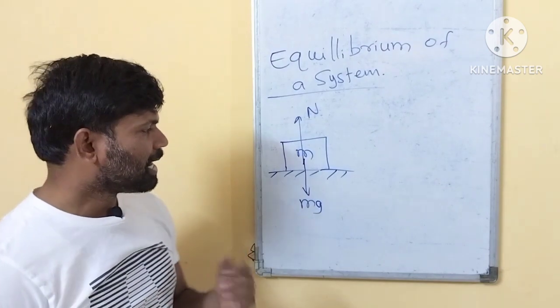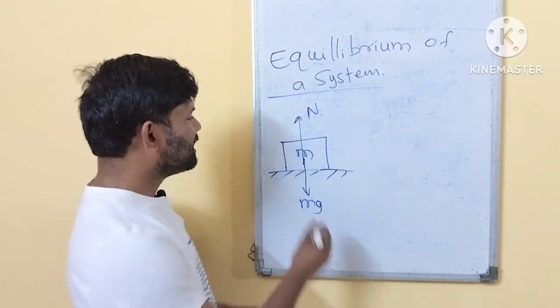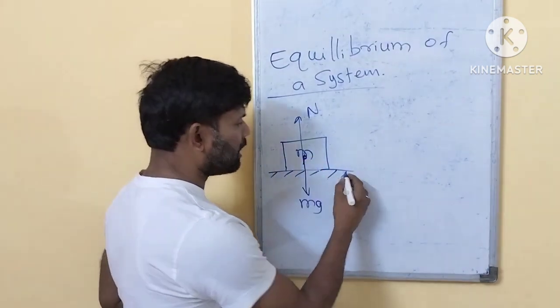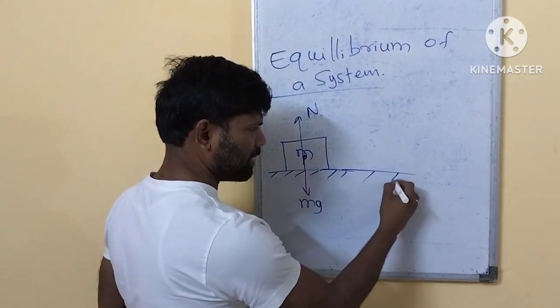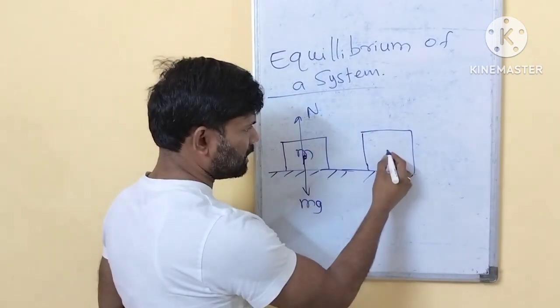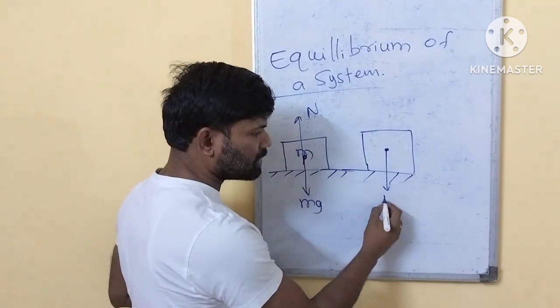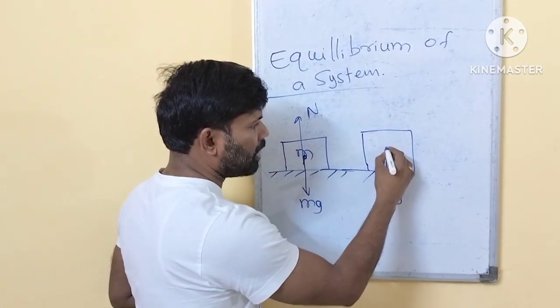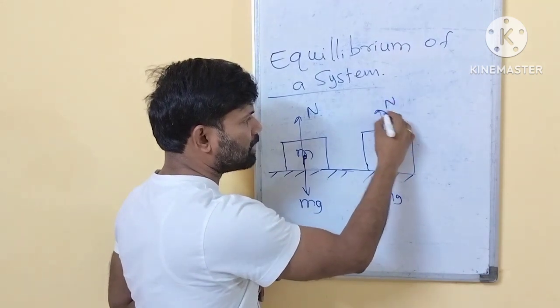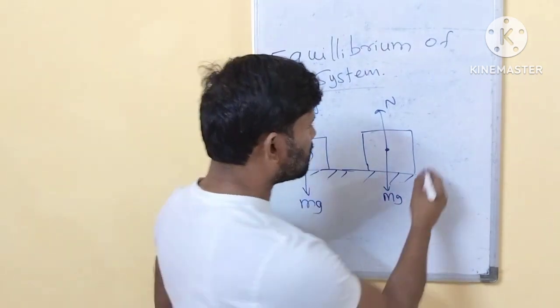The next question: is there any torque? Net torque is also 0 because it is not rotating. Here I will draw the same figure again. This is the same object, and this is the center of mass. At the center of mass, downward force is mg, upward force is normal reaction, and both are equal. For net torque, what is the torque formula?